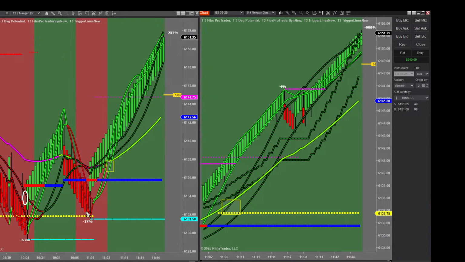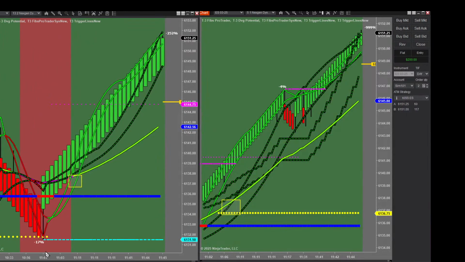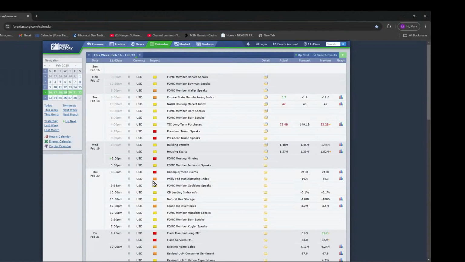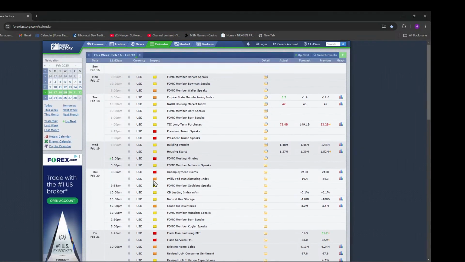Boaz, the volume's low today. I don't pay attention to what the daily volume is, though I know some of you do. At 2 o'clock, the FOMC minutes are coming out, and those FOMC minutes are impactful to a lot of institutional traders.